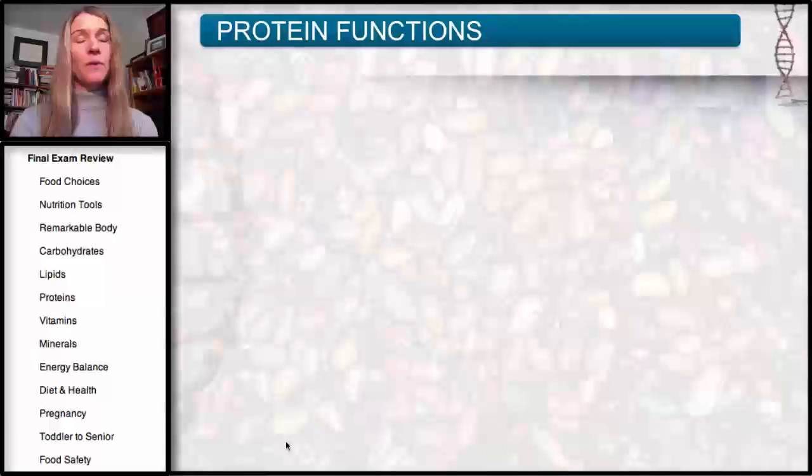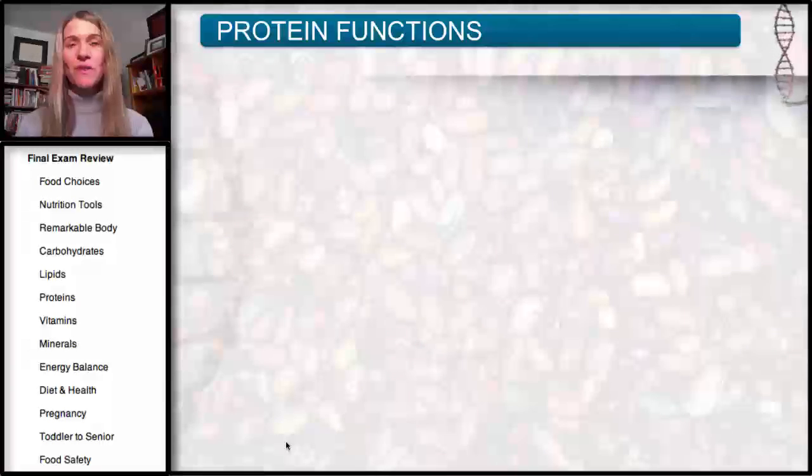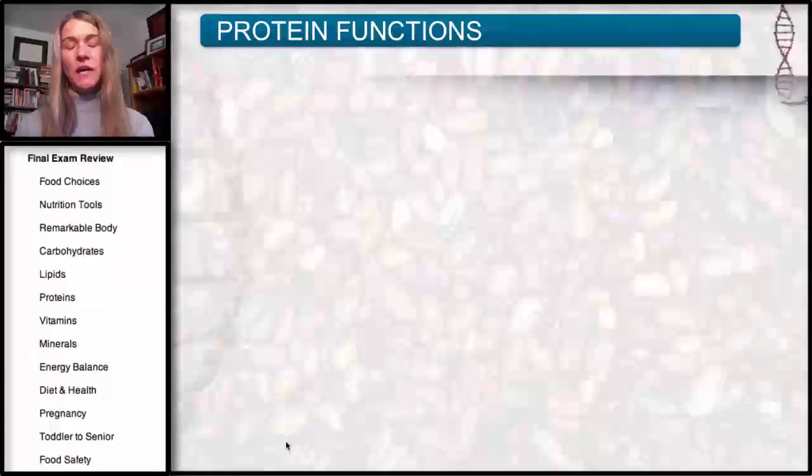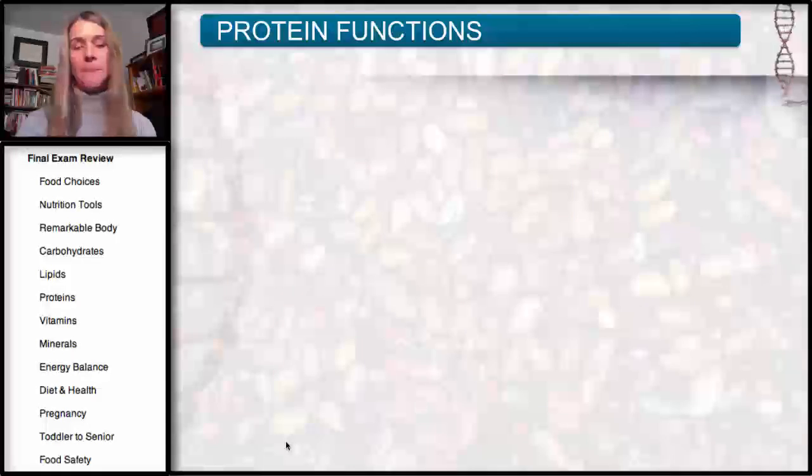Now, there are a number of functions of protein that I want you to know. And before I go on to that, I do want to mention one other point: one of the main key differences, in addition to the complexity of a protein compared to carbohydrates and lipids, is that it contains nitrogen, and we'll get back to that in a minute.